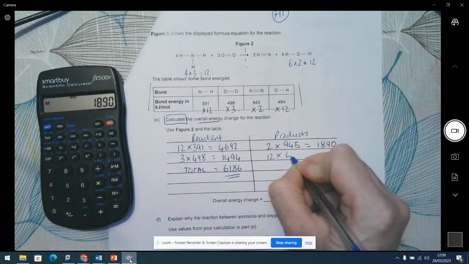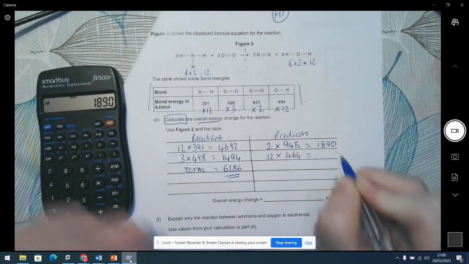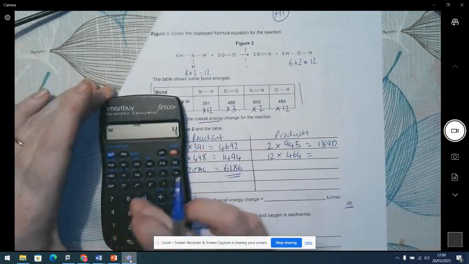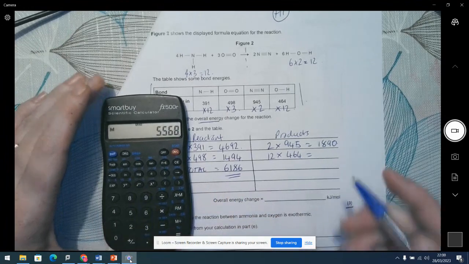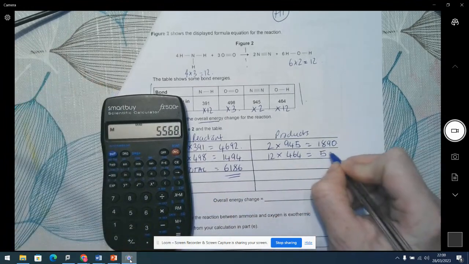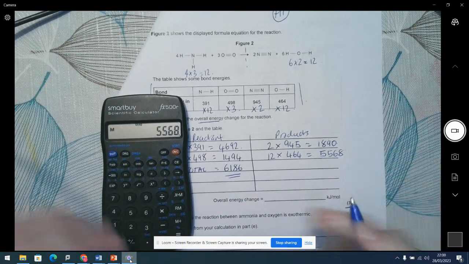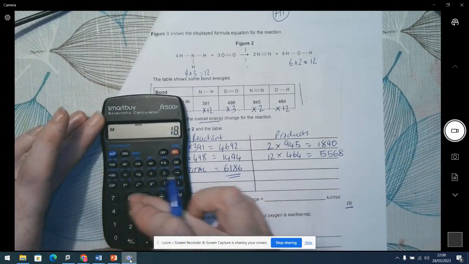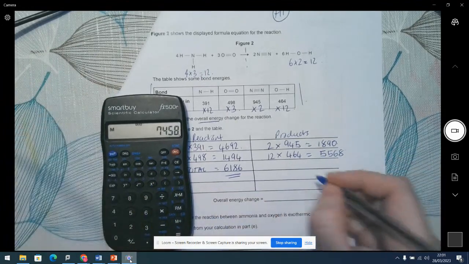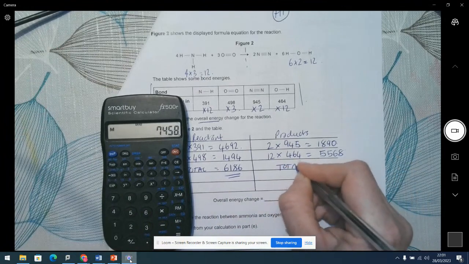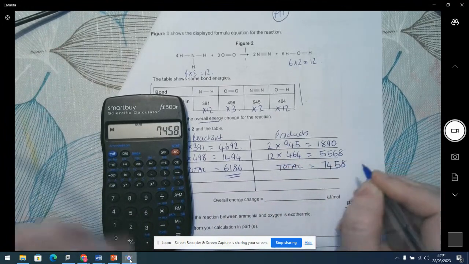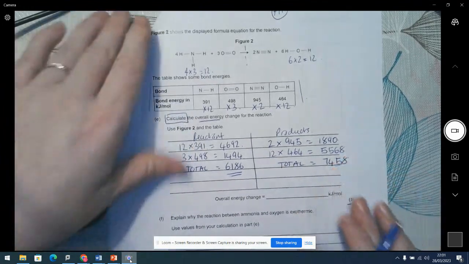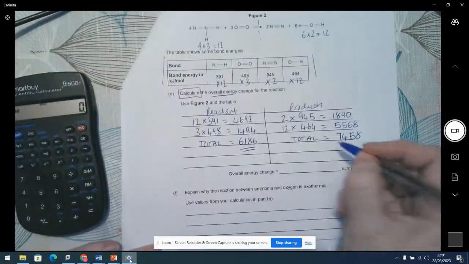So I would do 12 times 464. 464 times by 12 gives me 5568, and I then add those two numbers together to get the overall product energies value. So total energy is 7458. And then this is the bit that people usually slip up on.